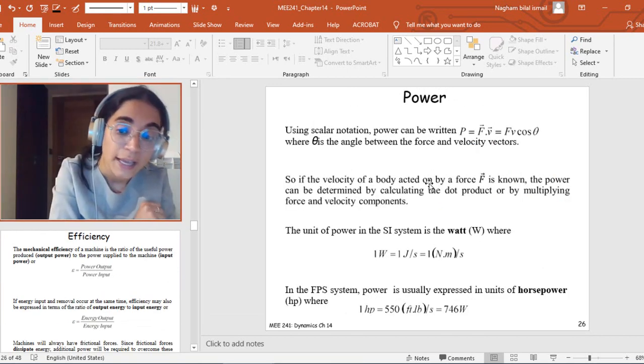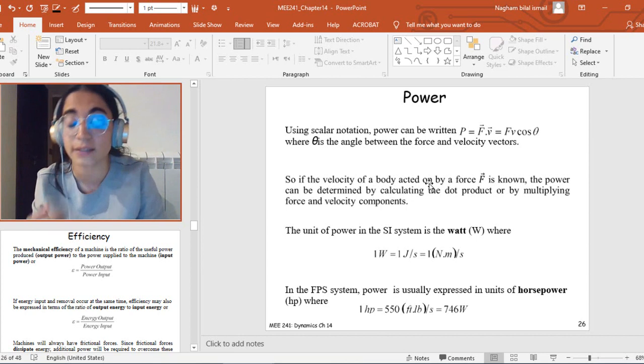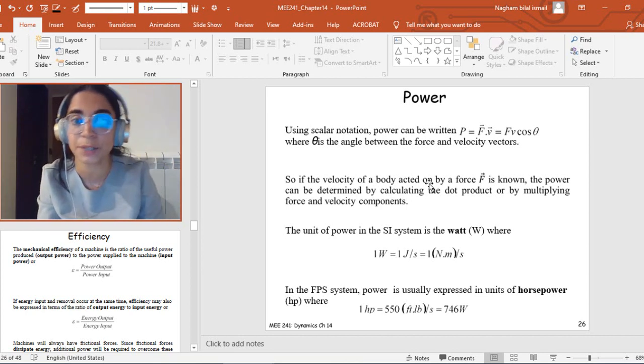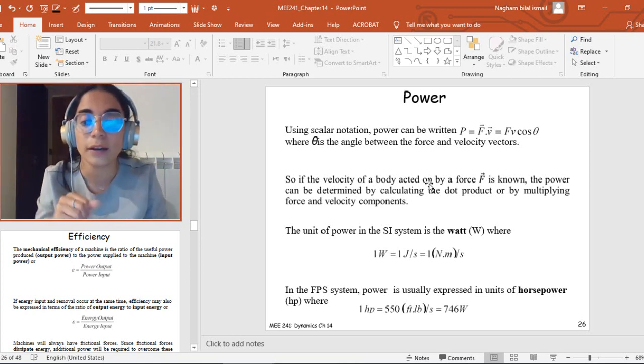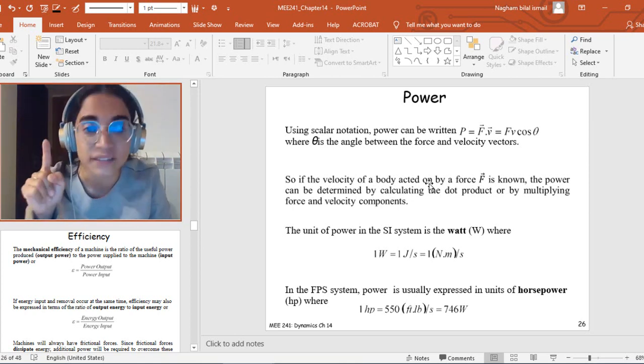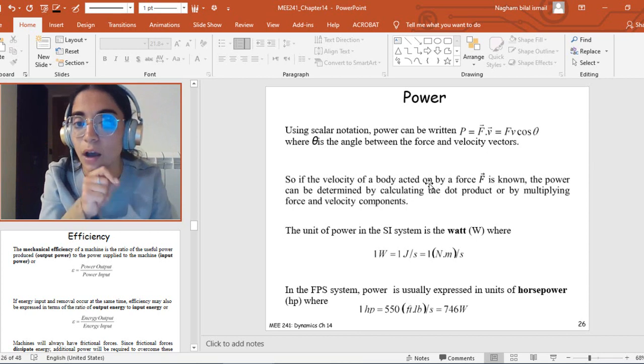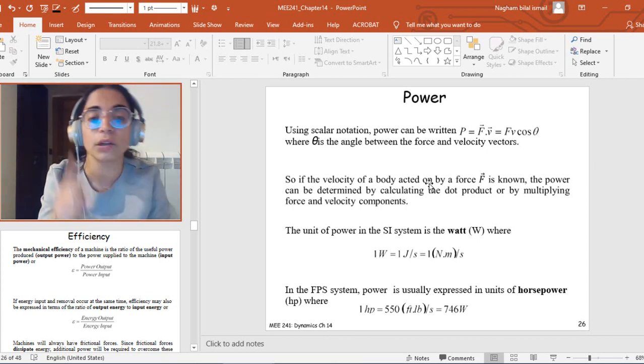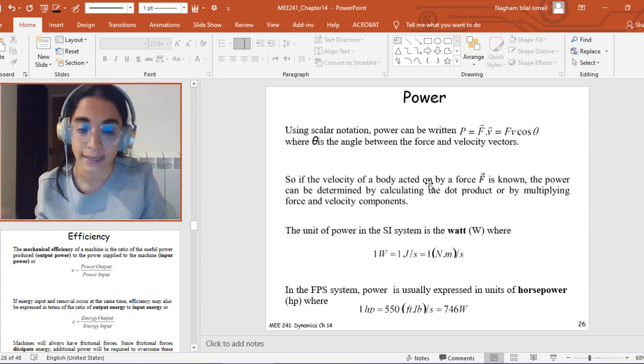Now, if you replace a joule by Newton meter, because I know that the energy, like the work, is equal to the force times displacement, so it is Newton times meter, then you're going to have that the unit of the power is the watt. 1 watt is equal to 1 joule per second, which is equal to 1 Newton meter per second.